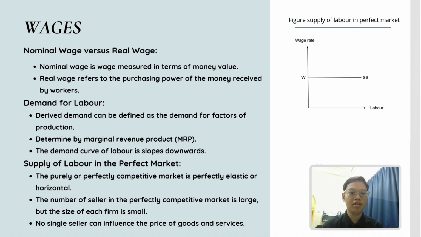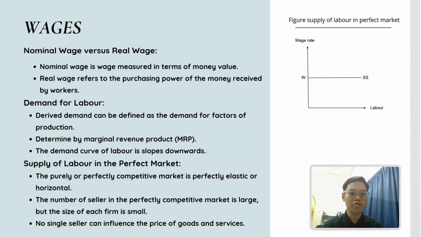Next, in demand for labor, labor demand can be defined as demand for a factor of production. Also, demand for labor can be determined by marginal revenue product. Next, the demand curve of labor slopes downward.